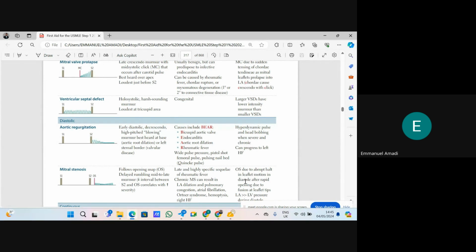Now, the other thing is this. What you need to understand is where you can hear the aortic regurgitation murmur will be dependent on what is causing it. If you remember, I told us that the aortic regurgitation murmur is heard at the left sternal border, alongside pulmonary regurgitation and the murmur of hypertrophic cardiomyopathy.